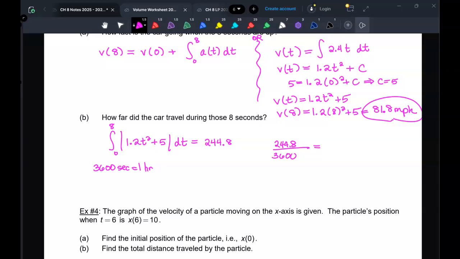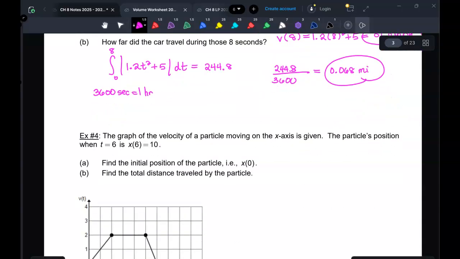It's an awkward unit, because we integrated over seconds, but we should have made it hours. We get 0.068 miles.